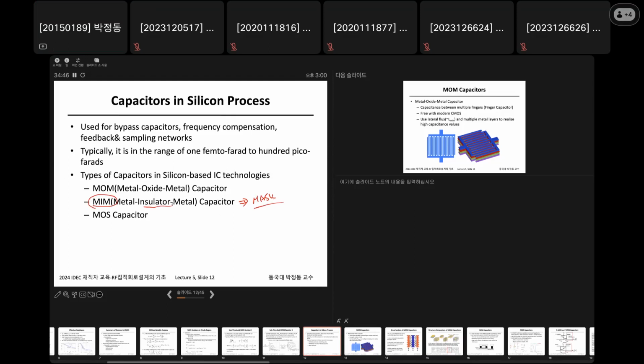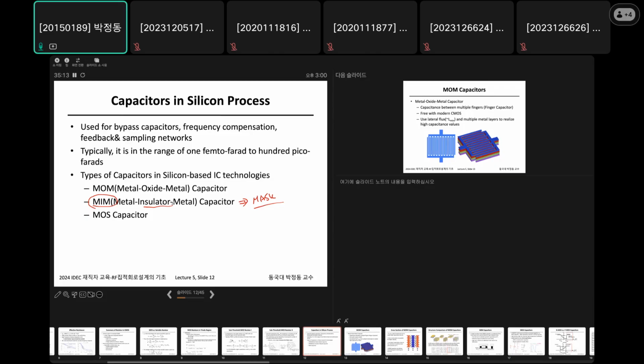This is very expensive. However, in many processes, especially for RF applications, MIM capacitors have been widely used. Also for expensive processes like silicon germanium BiCMOS, the MIM capacitor is always there.